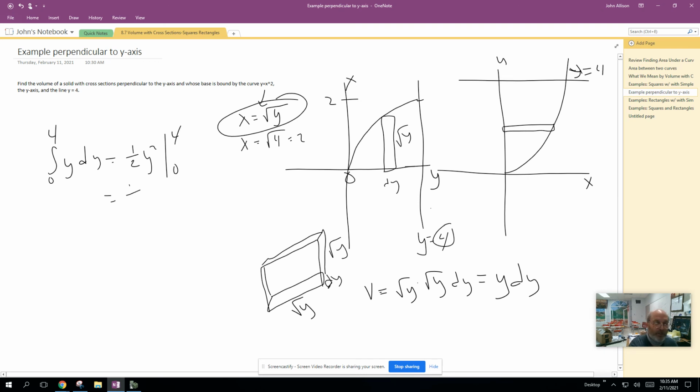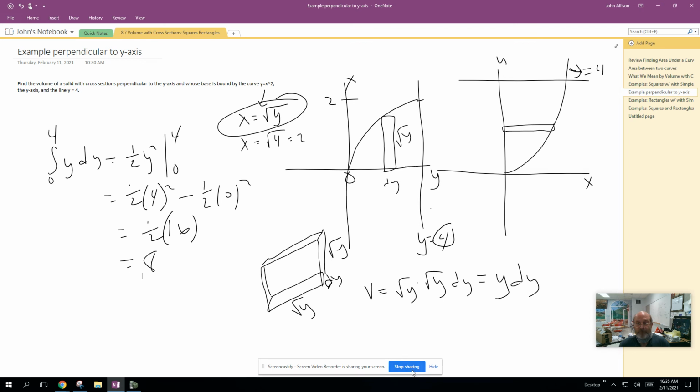We get 1/2 times 4 squared minus 1/2 times 0 squared, which is 1/2 times 16, or 8 units cubed, because we're doing volume. And that's how we do simple ones with respect to y. Next, we'll do some with rectangles.